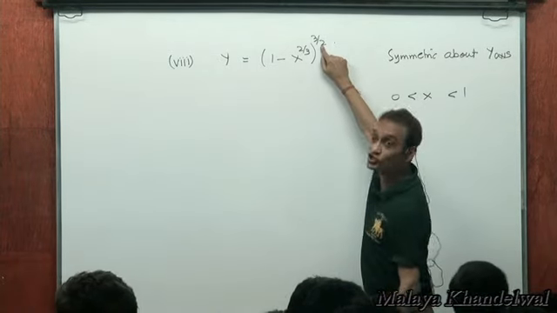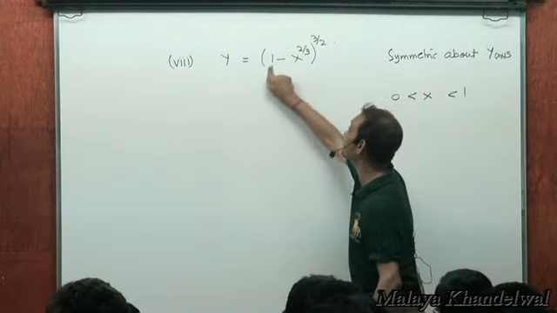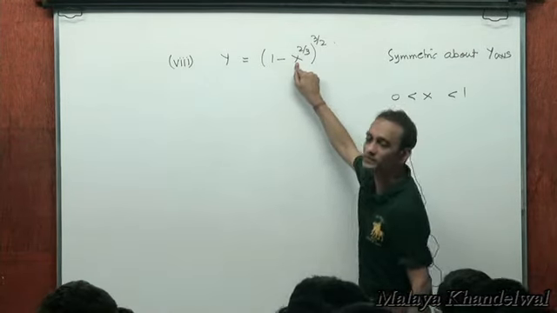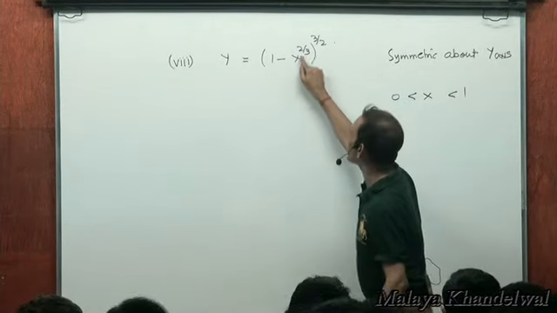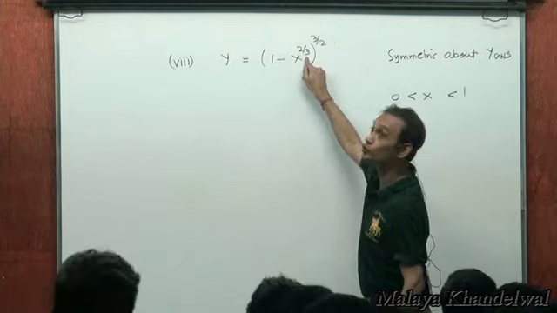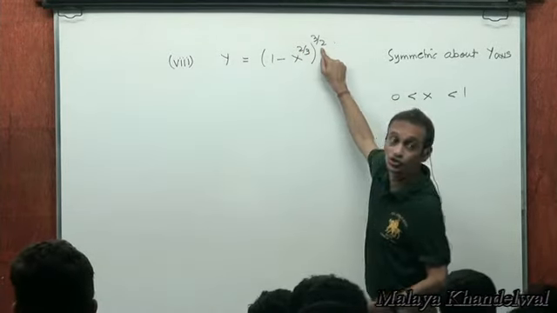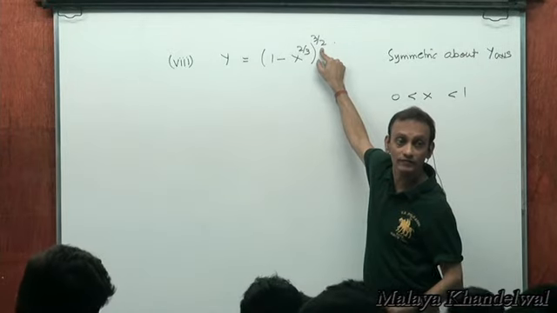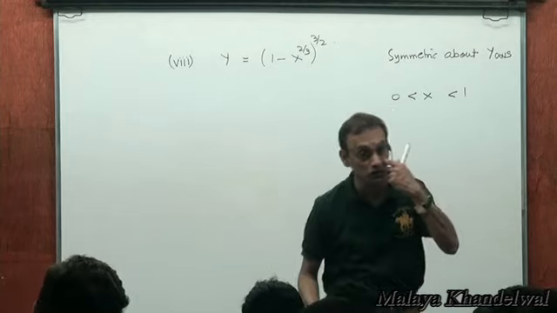Why? Because there is a square root sitting there. You can't make this number negative. For this to be greater than 0, x must be less than 1. If x is greater than 1, then x to the power 2/3 will be greater than 1, this will become a negative number, and you can't find a real square root of that.